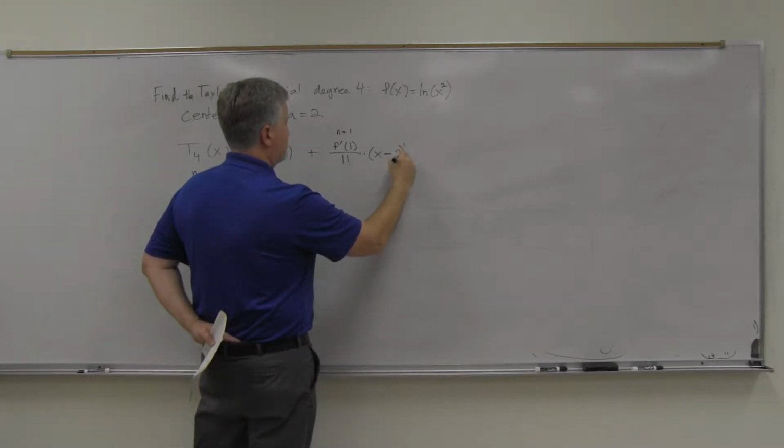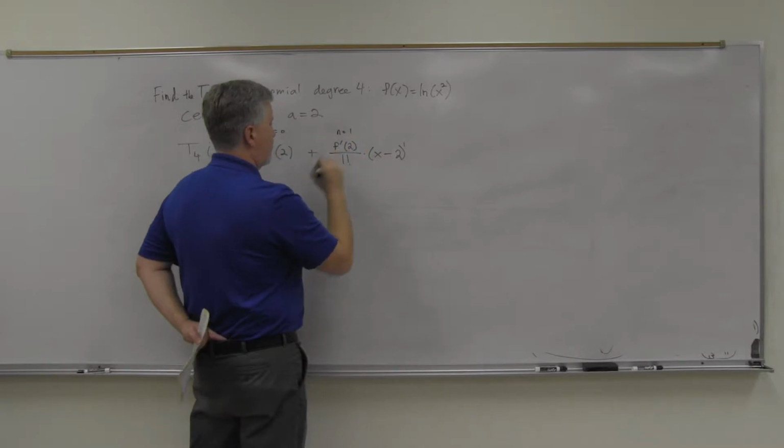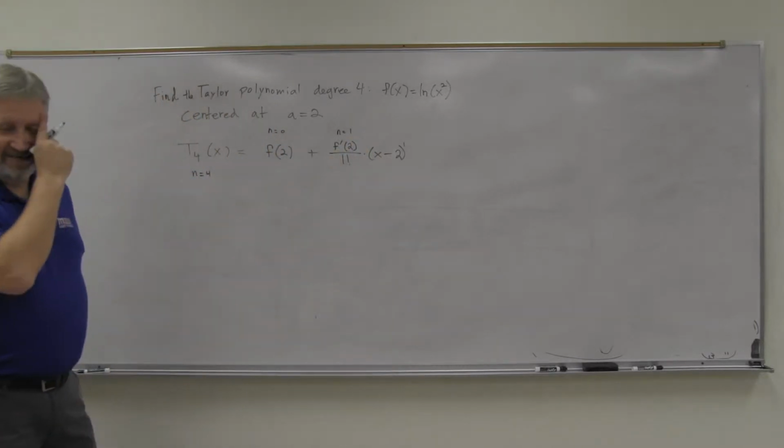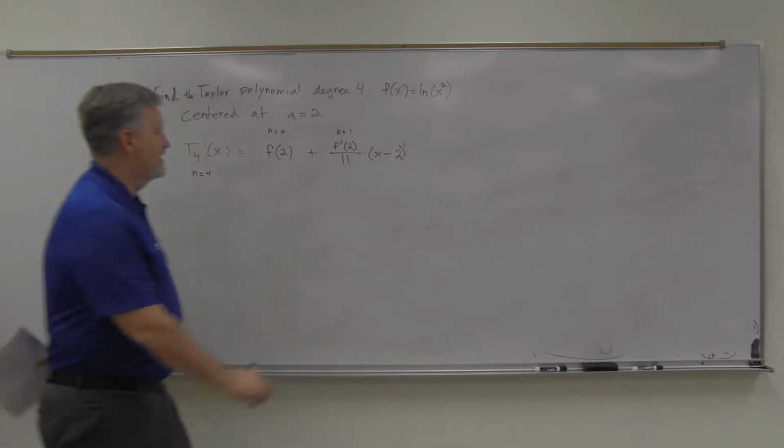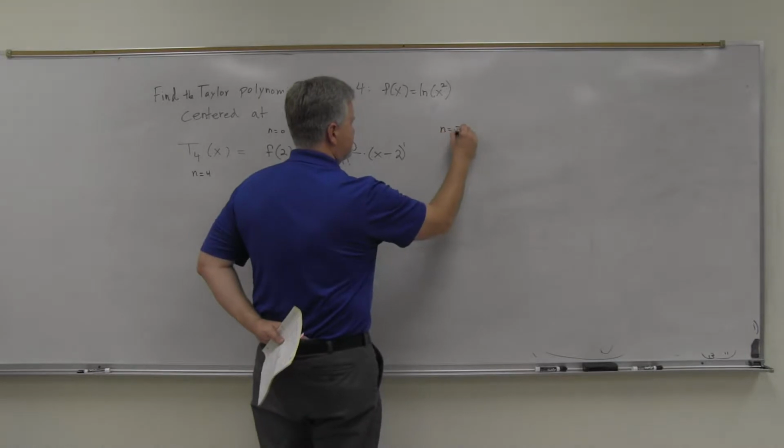Evaluating this at 2. They won't always give us 1 to evaluate at. This one's evaluated at 2. So it's f prime of 2 over 1 factorial.